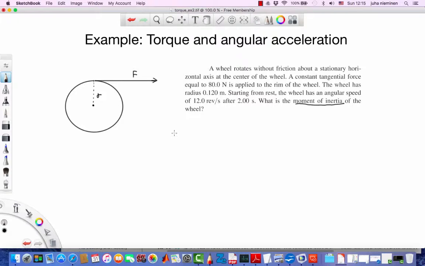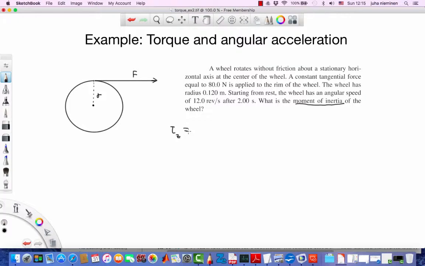Let's start by analyzing the torque. So we'll use the simple formulation. There's no need for vectors in this case. So we just make the claim that the axis of rotation is the z-axis. So we can denote the torque as tau sub z.